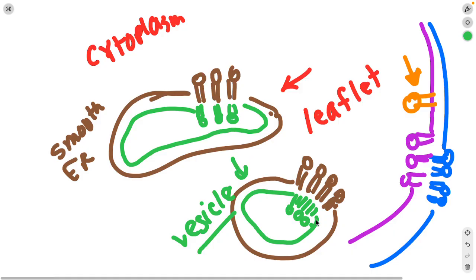And so when this joins the cell membrane, we can draw where these will be. So essentially the outer leaflet of the smooth ER becomes the inner leaflet of the cell membrane, where these phospholipids get added.